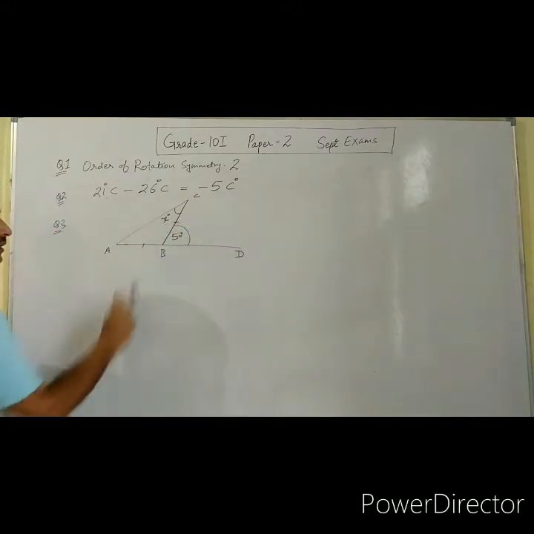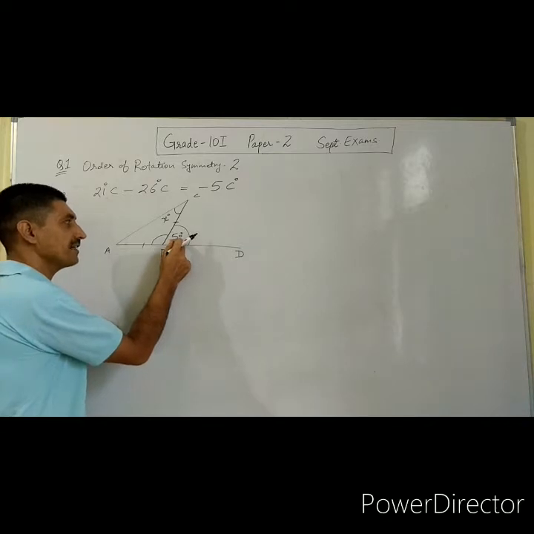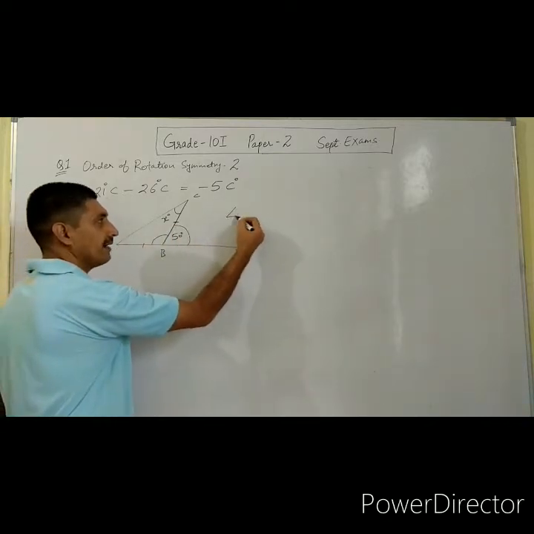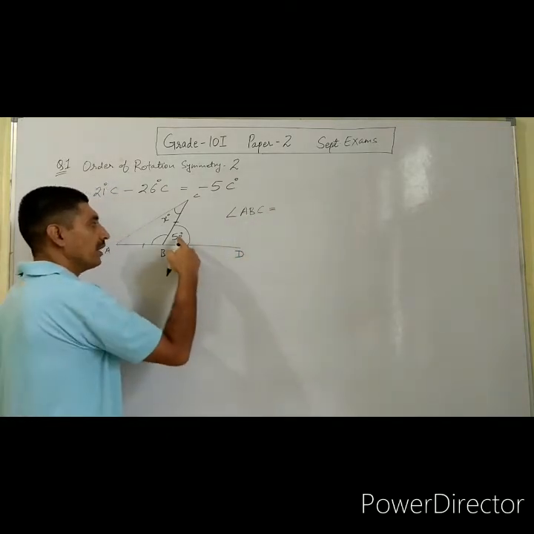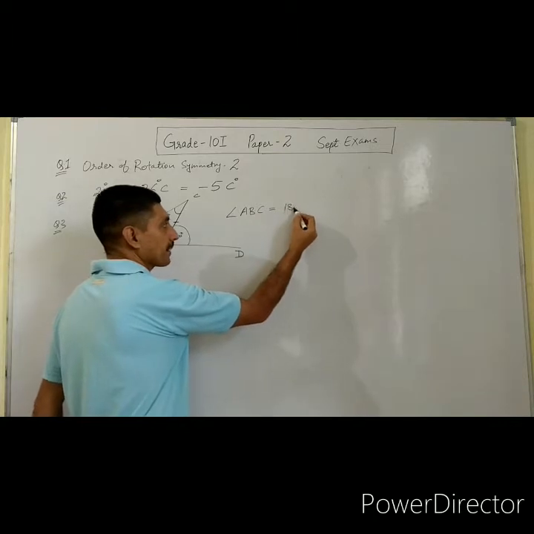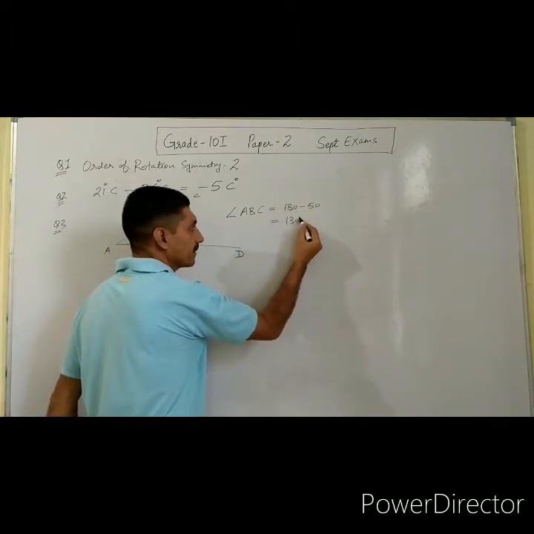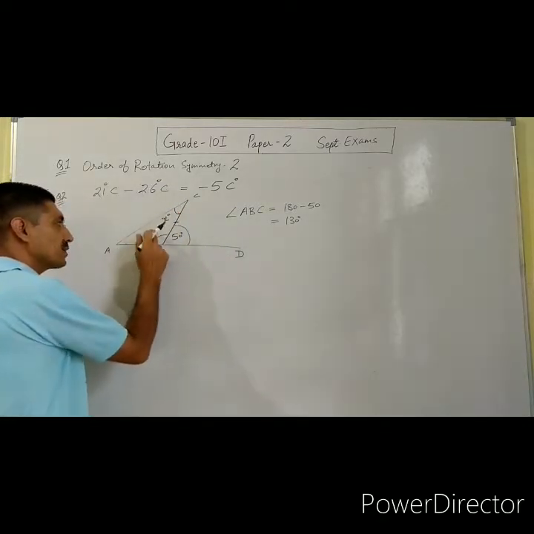So we know first the linear pair of angles. If this angle is 50 degrees, then angle ABC is equal to 180 minus 50, that is 130 degrees.